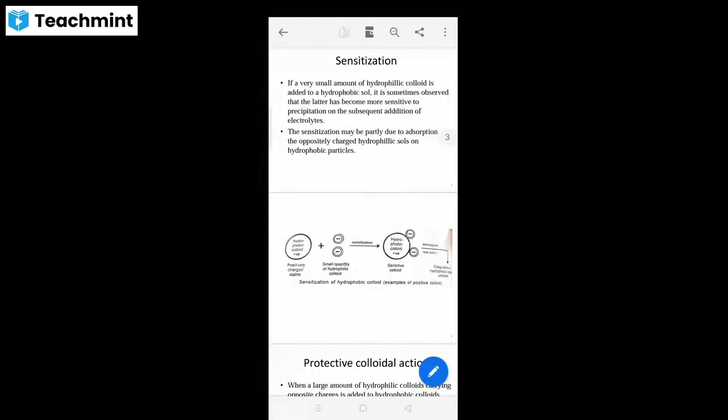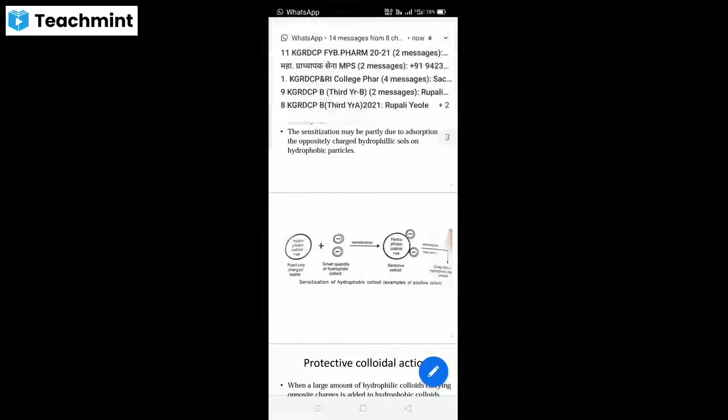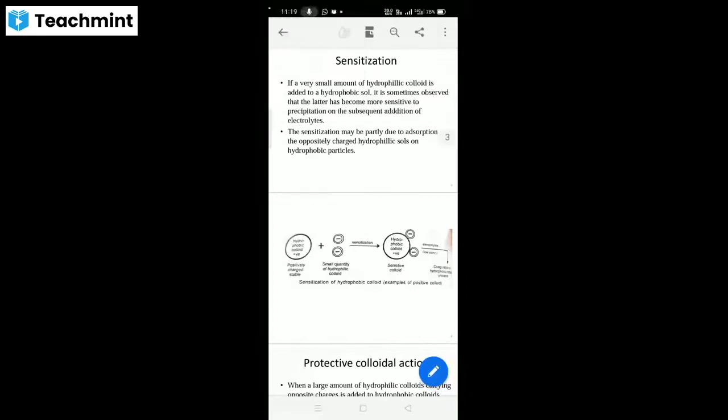So in this way, sensitization here means the particle has sensitivity towards the electrolyte ions. Now comes the second stage. We are going to add lyophilic dispersion into the lyophobic dispersion, for maintaining the stability of the lyophobic dispersion. Now the second thing of sensitivity comes into existence.